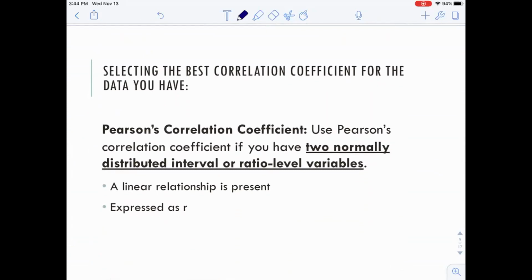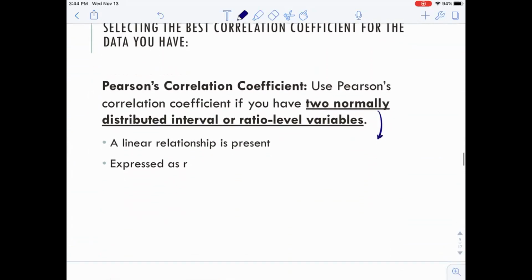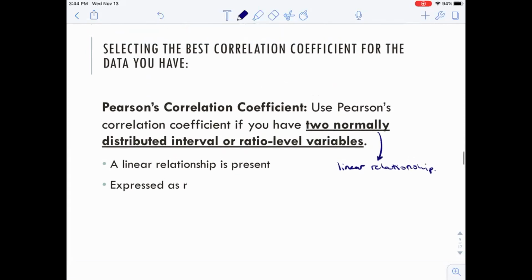But for us, the one that we're going to focus on is Pearson's correlation coefficient: two normally distributed interval or ratio level variables. Normally distributed, in this case, is going to translate to a linear relationship.